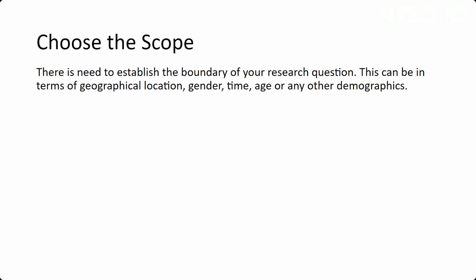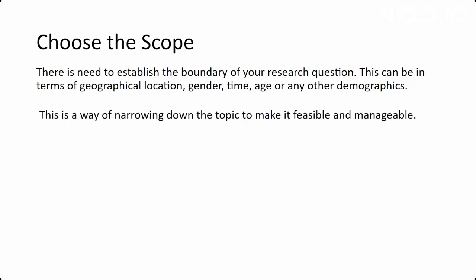And this also affects your research topic. There are several other demographics put in place in terms of research goals. This is a way of narrowing down your topic to make it feasible and manageable.